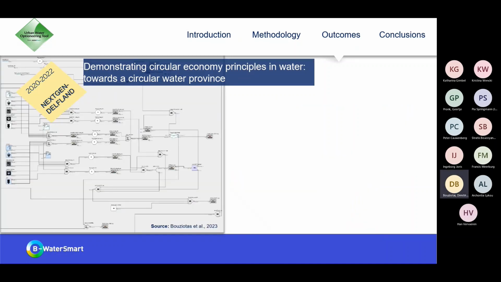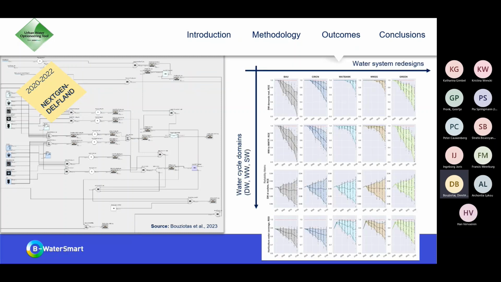We then model these 5 different cases using UWOT, 5 being the baseline as well as the 4 different circular strategies, and use UWOT concurrently to estimate how resilient the water system is against the uncertain future. This was done across different water cycle domains, including, for instance, drinking water security in the first row that you see in the graph, but also security against the horticulture demands, the wastewater propagation, and the future runoff.